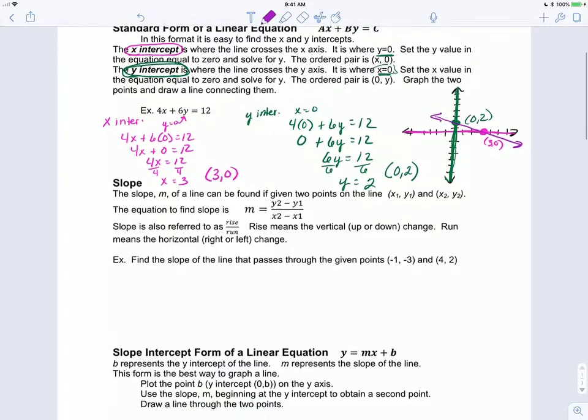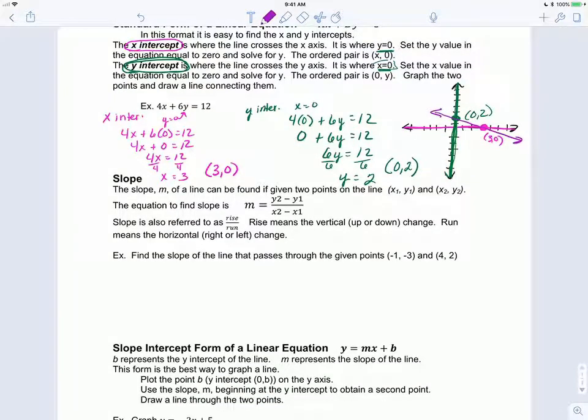All right, one other thing to remember when talking about linear equations is that we always refer to the slope. Slope is often represented by the letter m in an equation.